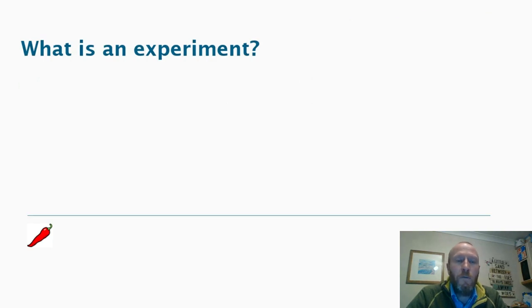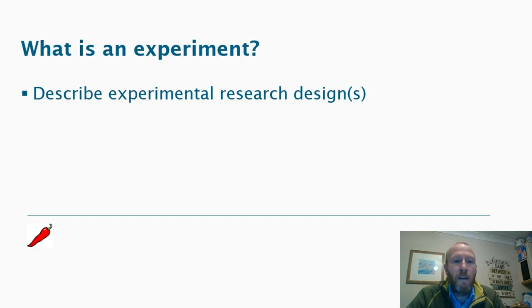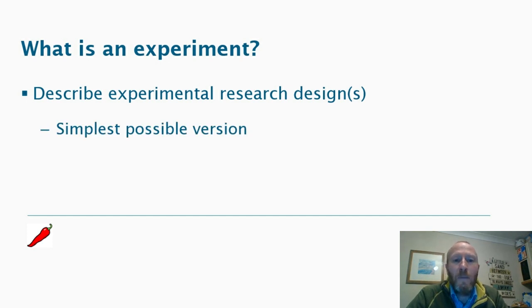Okay, my first question for you is, what is an experiment? Now, most of you are science teachers, and those of you that are not probably did enough science at school to have a good idea about this, even if you've not done any since then. So what is an experiment? And I'm after, what is an experimental research design? How does that work? What's the simplest possible version?